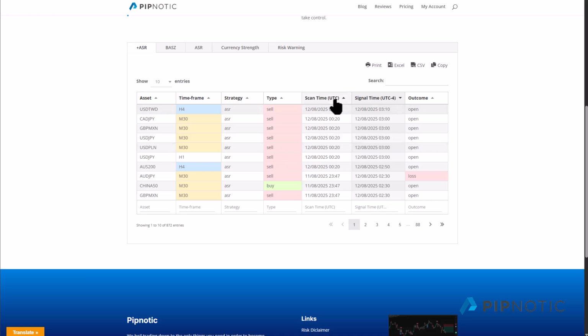This value here, the scan time, is when the scan was actually performed, and this was when the signal was identified in the data. These are UTC offset. So this is UTC, and the data is at UTC -4, which is quite strange, but some brokers have weird offsets.